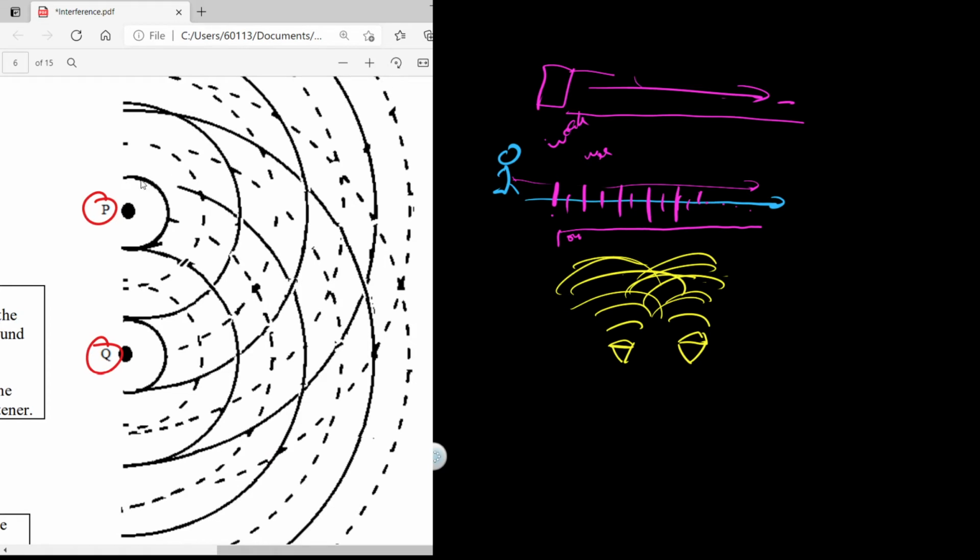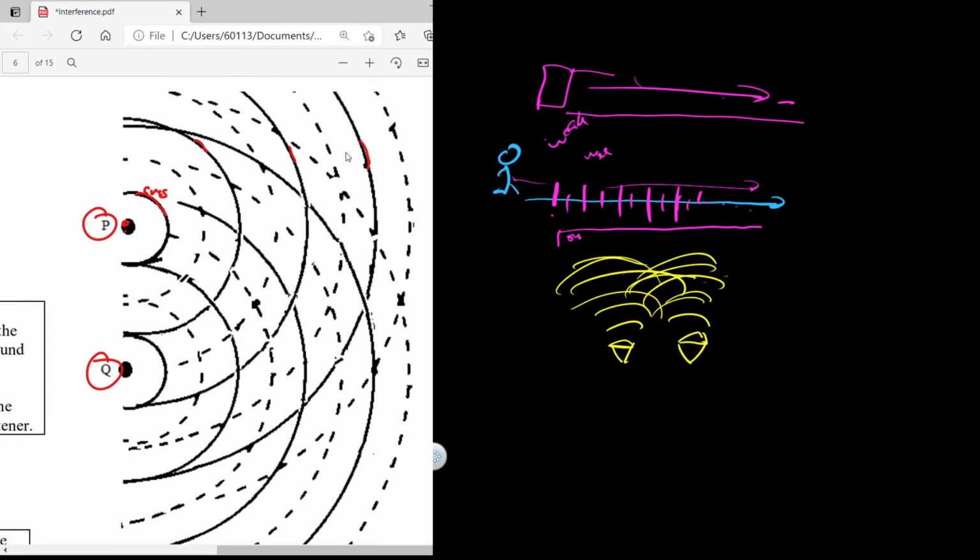So this is a crest, this is a crest, this is a crest for P. This one is also a crest for P. P is the center.